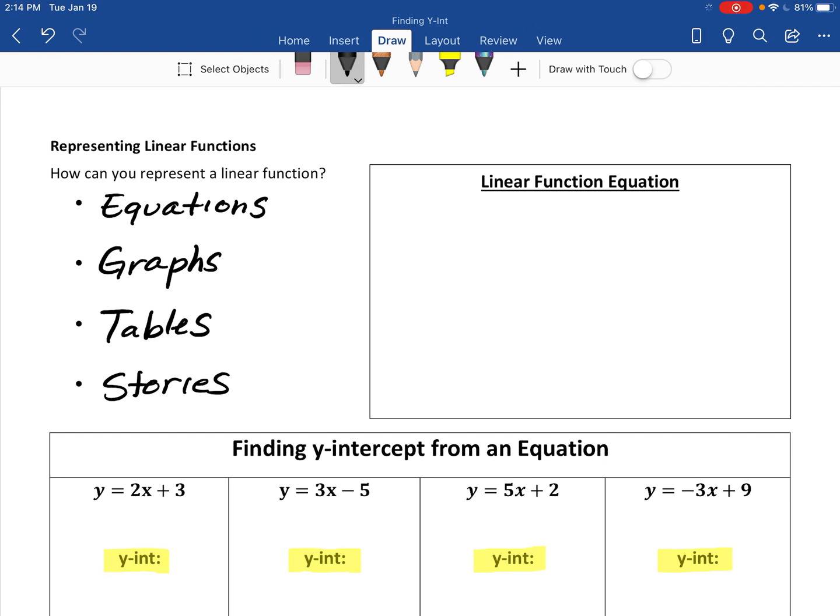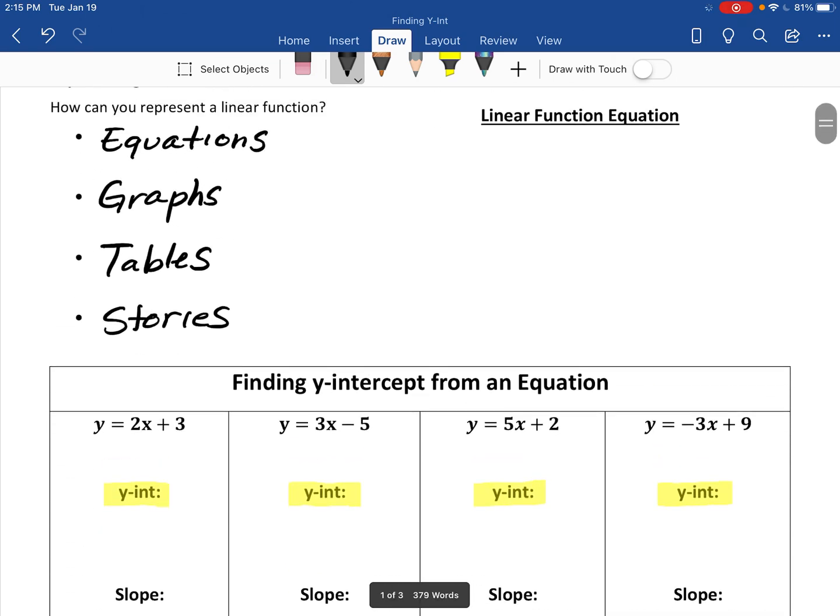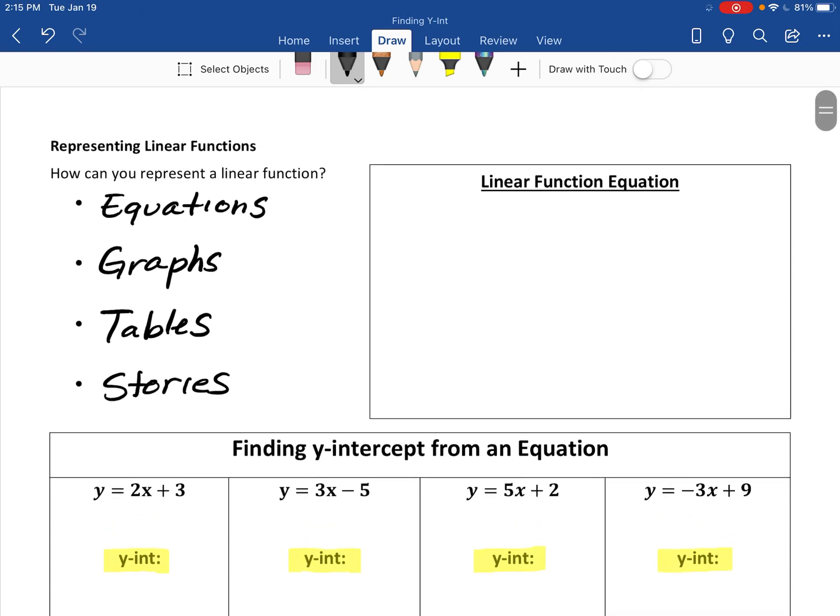So go ahead and take a second and make sure you have those filled in. Equations, graphs, tables, and stories. So those 4.